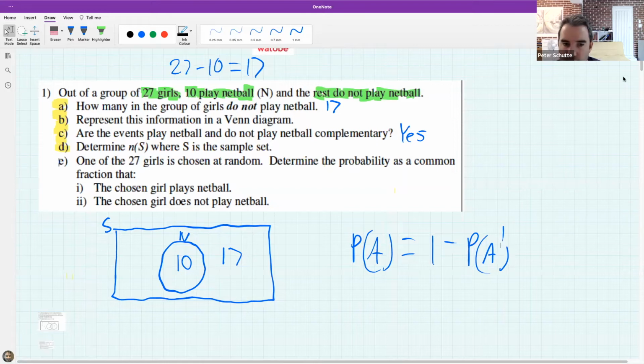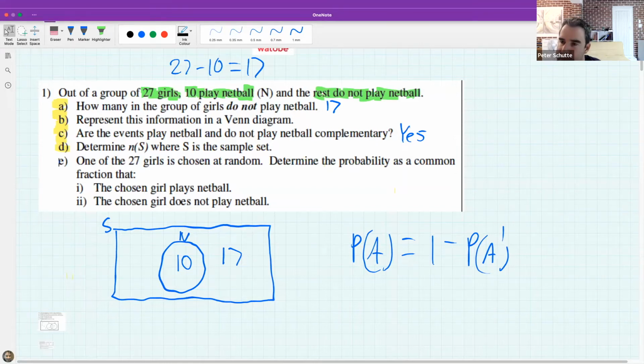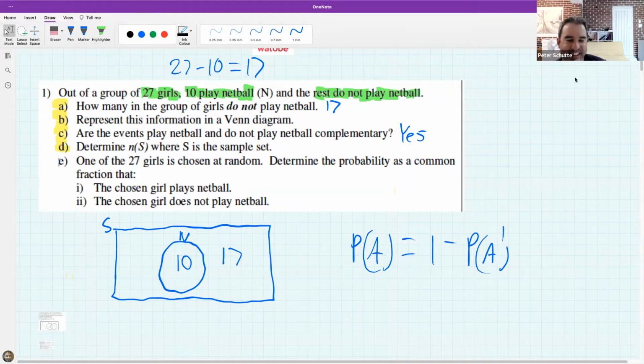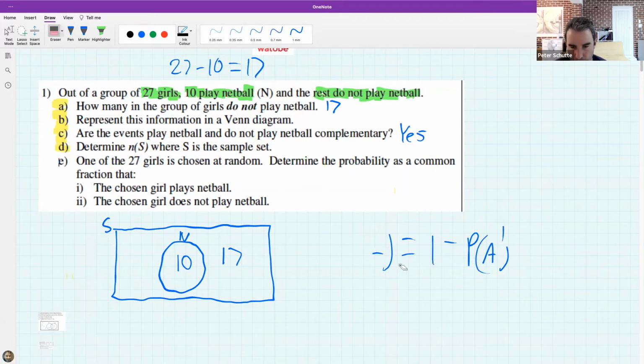Lusanda, what is your question? Hello, sir. Hey. So I wanted to know how do you find if they're complementary? Okay. So there's two things for them to be complementary. The one is that they can't overlap. They have to have what's called an empty intersection. And then the other thing is they need to fill the whole sample space.